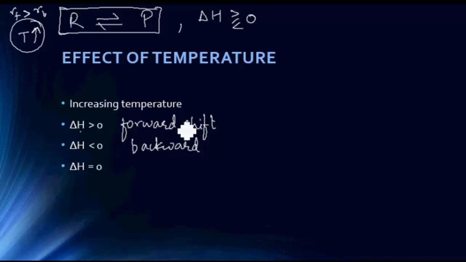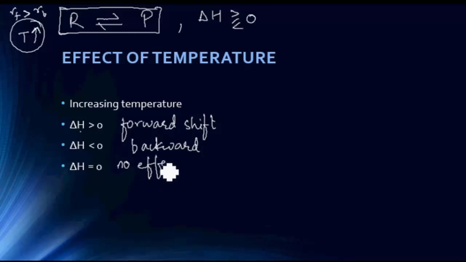And if delta H is equal to 0, then obviously, since there is no enthalpy change, since there is no heat content change between reactants and products, the temperature is not going to affect the flow of energy or flow of heat. Hence delta H equals 0 means that the effect of temperature will not be there on that system.